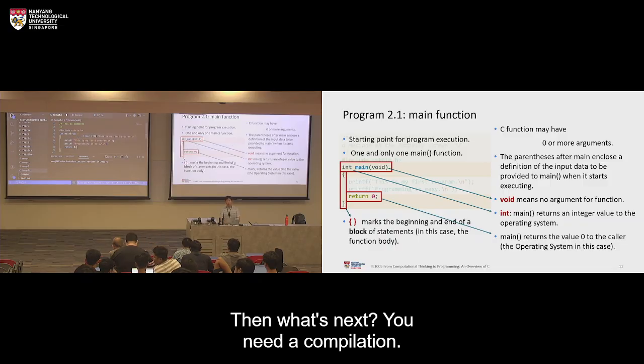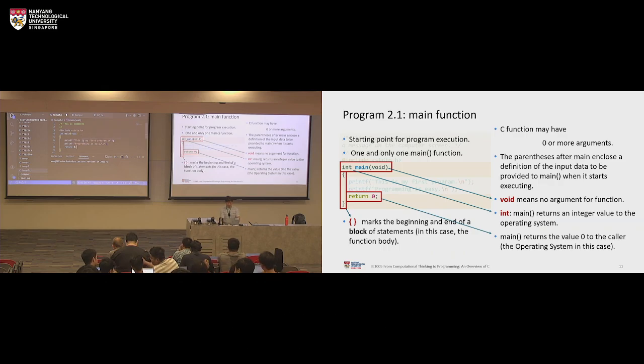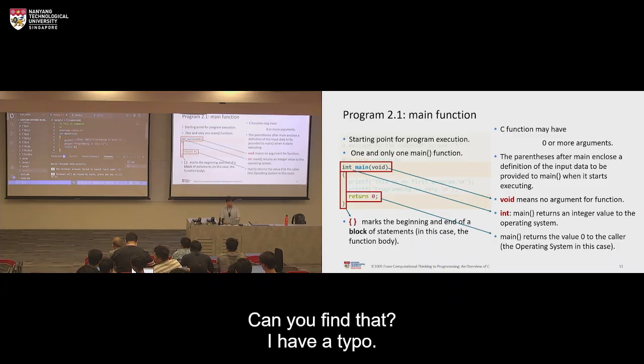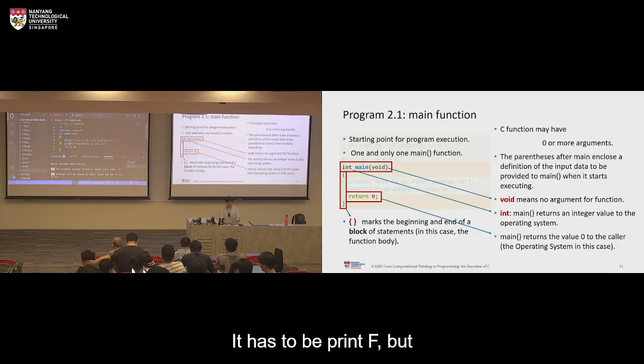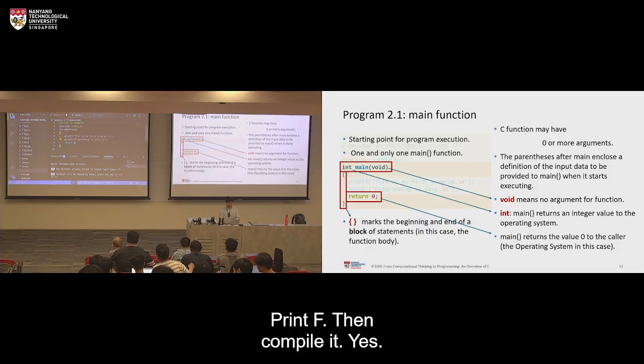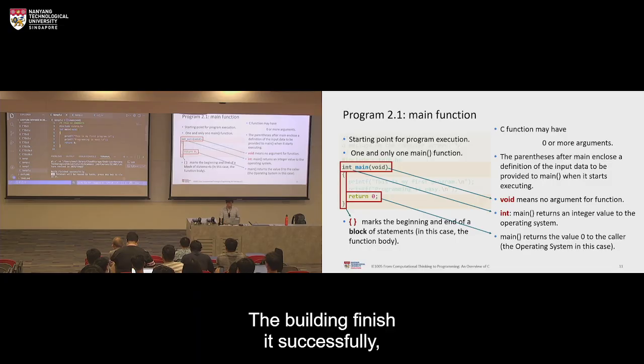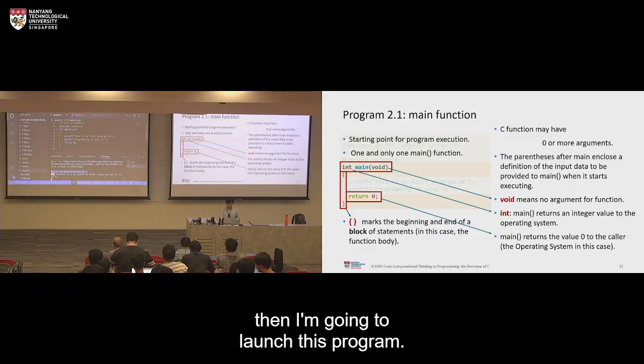So then what's next? You need a compilation. Can you find that? I have a typo. It has to be printf, but yes, I made a mistake. Then compile it. Yes, the building finished successfully.